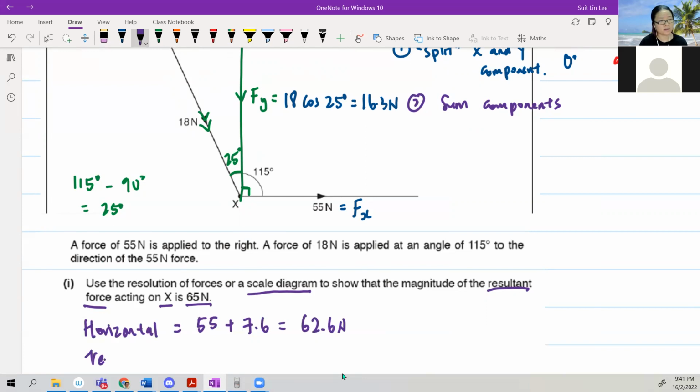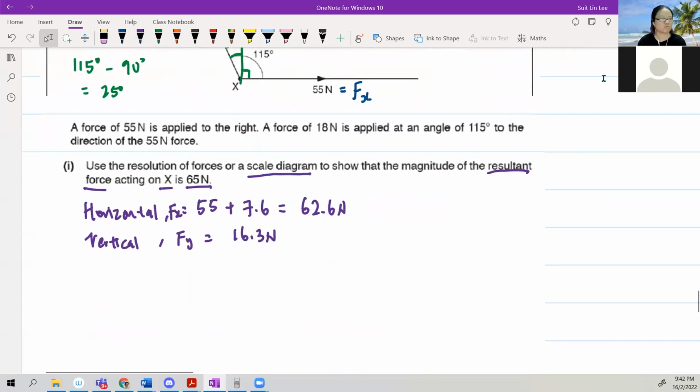And the vertical component, Fy, only got 16.3 because 55 Newton has no vertical component.